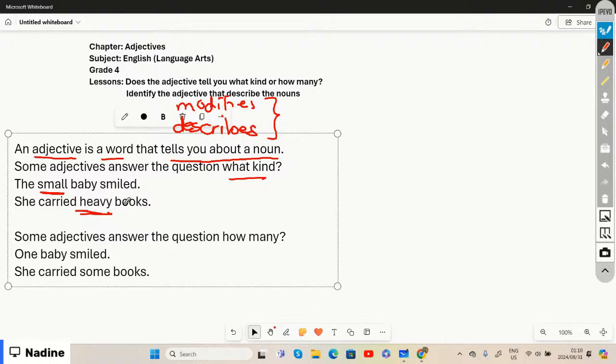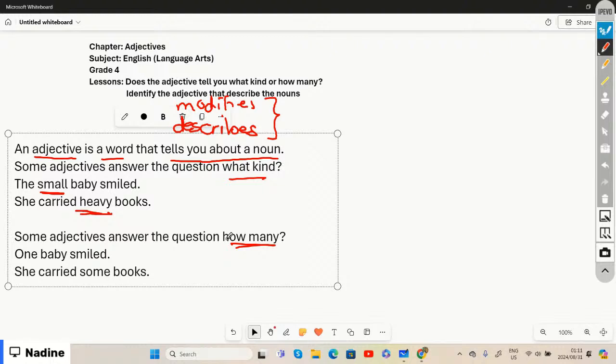And then some of our adjectives answer the question, how many? If we look at our examples, it says, one baby smiled.